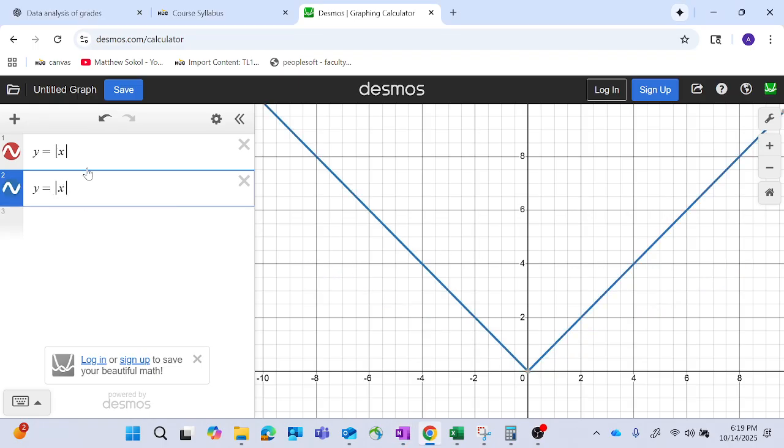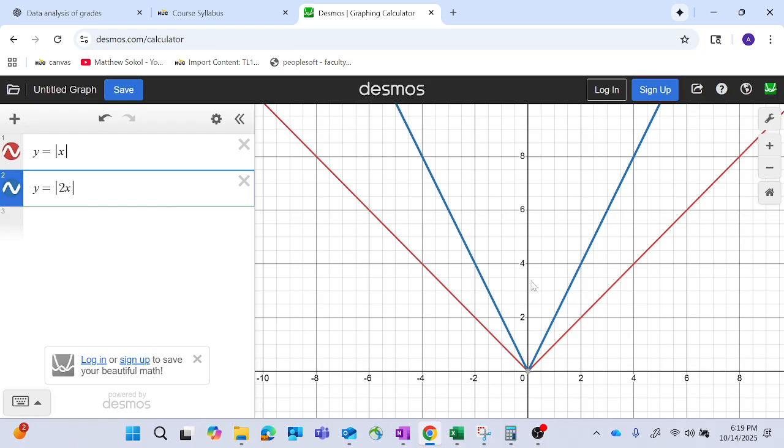So the red is the original, and the blue is the transformation one. So for the blue I have 2x. That is going to be a horizontal compression. If you look at it from left to right, it got horizontally compressed. It got a little more narrow.